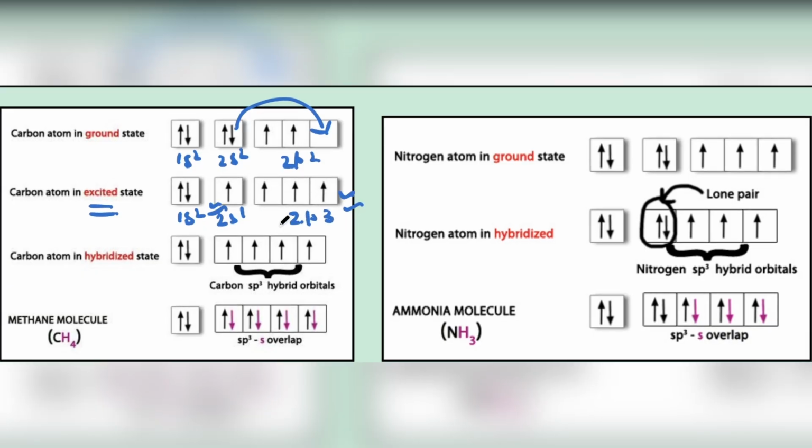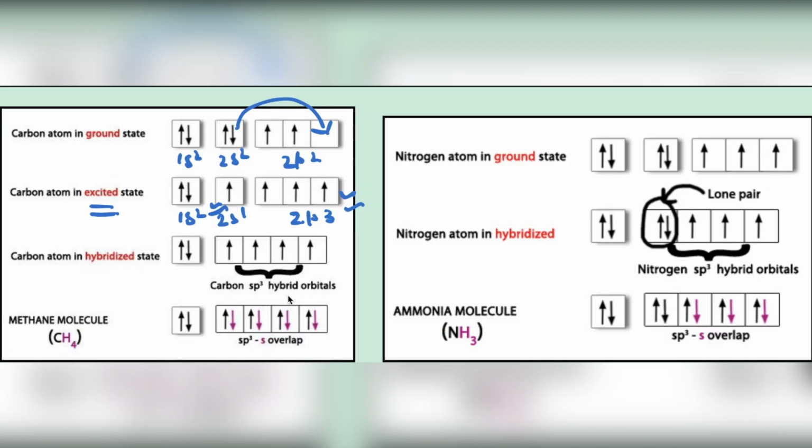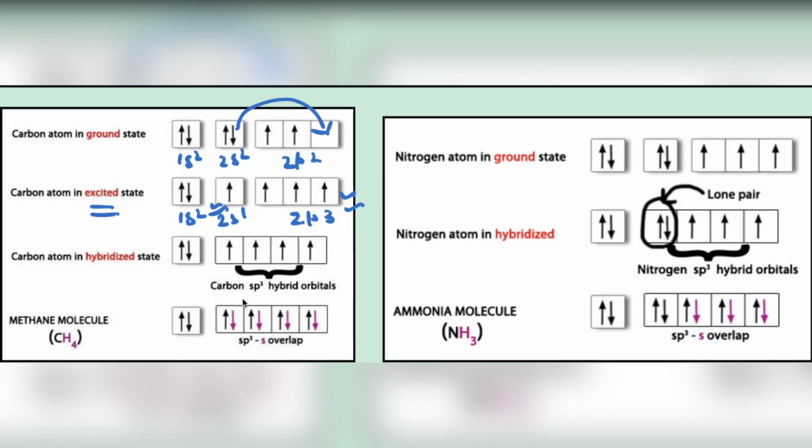In this state, one 2s and three 2p orbitals combine to form 4 sp3 hybrid orbitals. These 4 sp3 hybrid orbitals overlap with 4 orbitals of hydrogen to form the methane molecule, which is tetrahedral in shape. Ammonia is another example of sp3 hybridization.